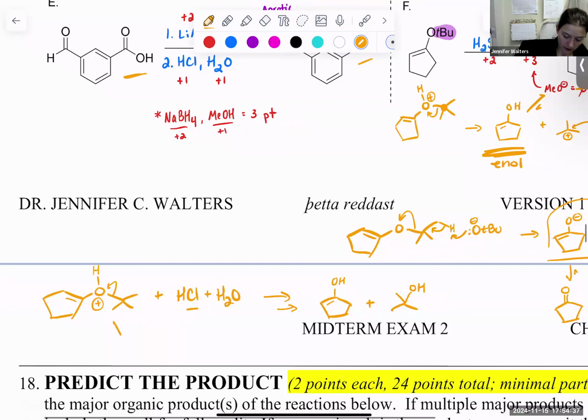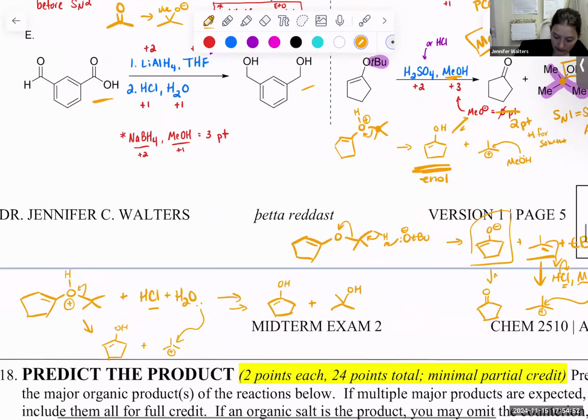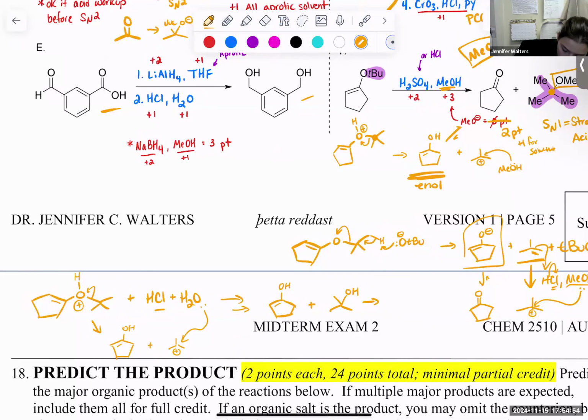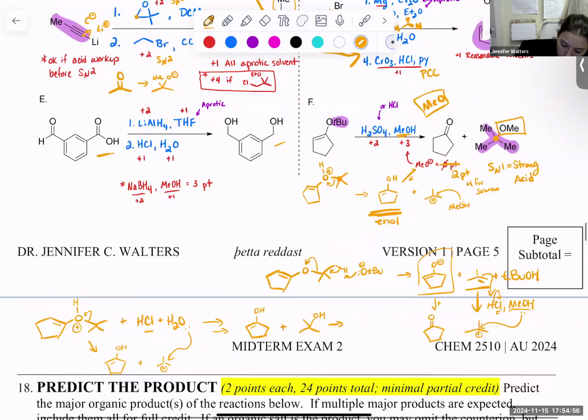So you would go, I guess I'll actually draw it out. So you would get your enol plus that carbocation, and then water acts as your nucleophile. And then you just needed to alkylate that alcohol in order to get it to be an OMe.